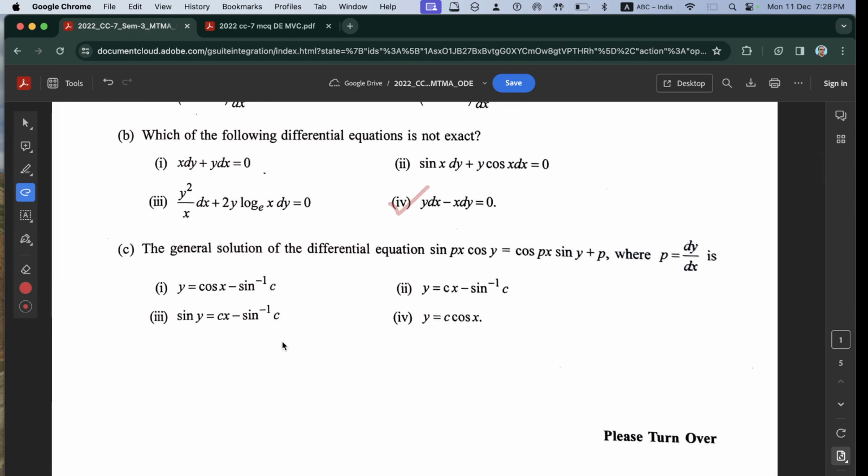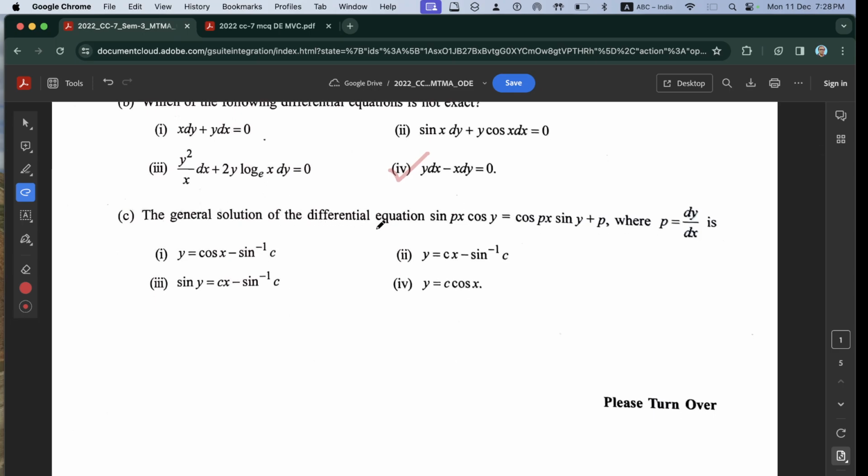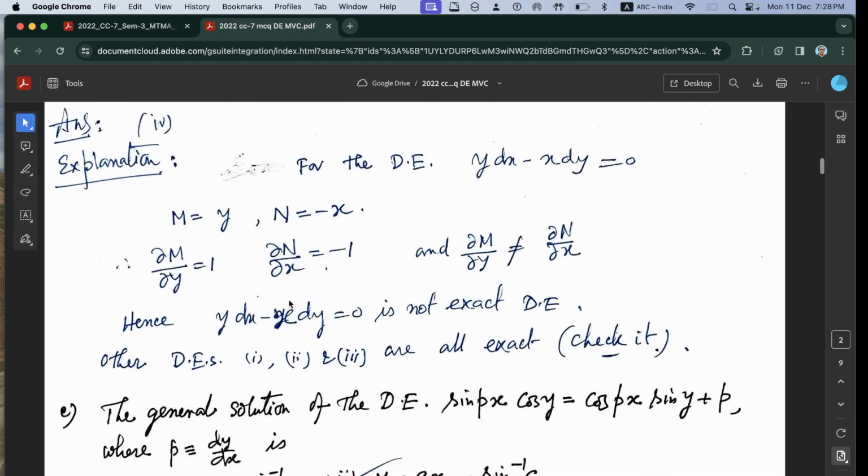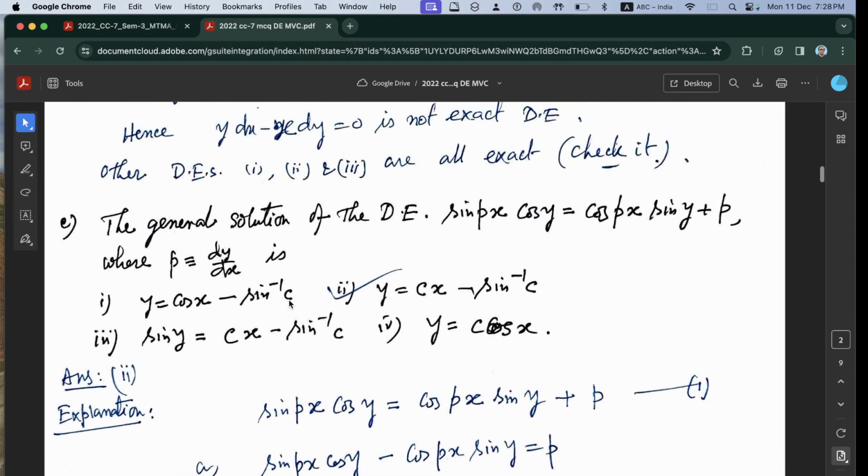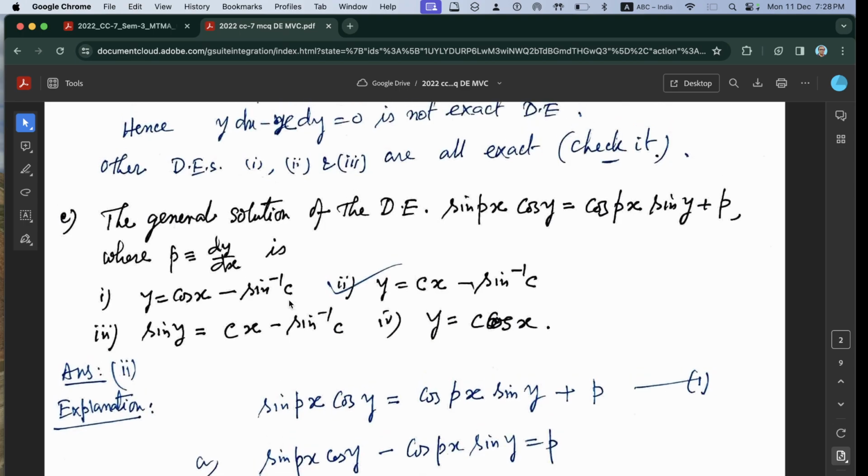Question 1c. The general solution of the differential equation sin px cos y equal to cos px sin y plus p, where p equal to dy/dx, is what? Here, the given differential equation is sin px cos y equal to cos px sin y plus p.